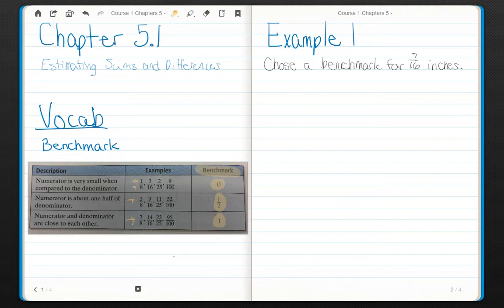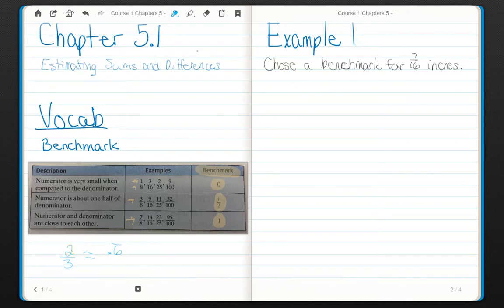Now there are some things that you want to consider. For example, when you're working with thirds, when you have 2/3, 2 is close to 3, except that if I convert this to a decimal, I would actually have 0.6 repeating.